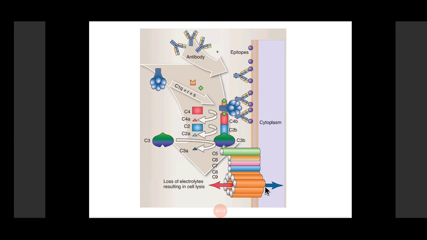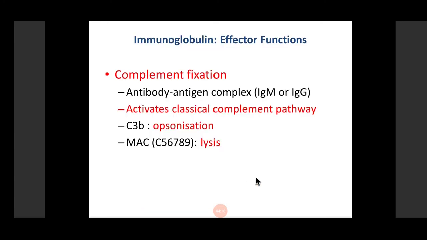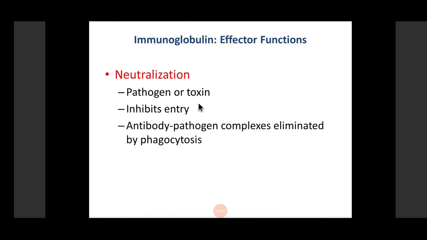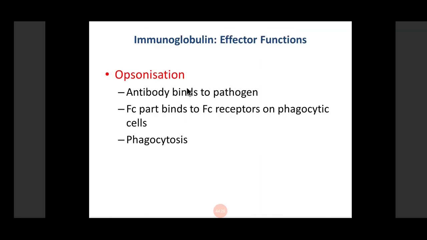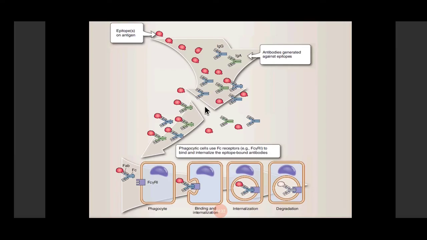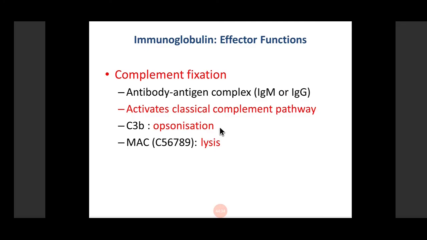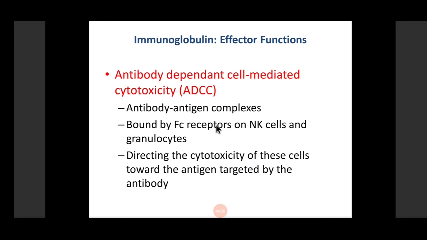Leakage of the cytoplasm occurs and the cell dies. So complement-mediated damage also occurs. What I'm trying to say is that the antibody can either directly neutralize the pathogen or the toxin, or after binding, it can recruit other mechanisms like opsonization or complement and then get rid of the pathogen. This we've covered.